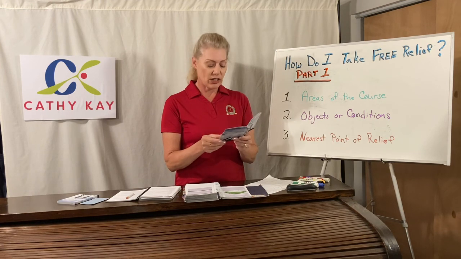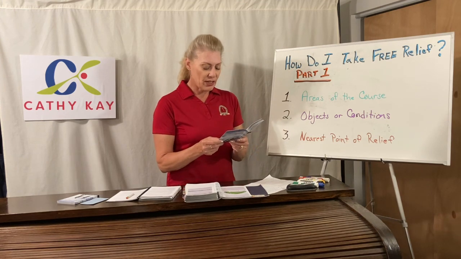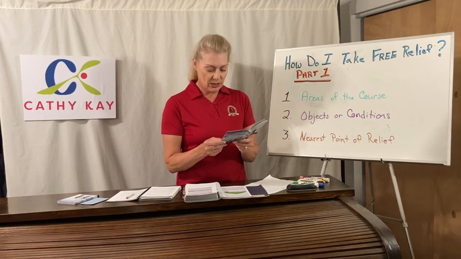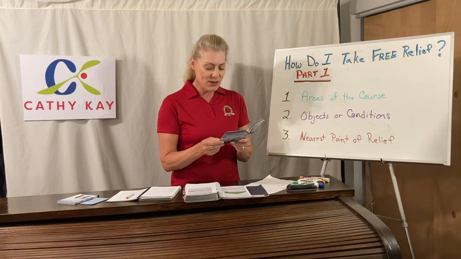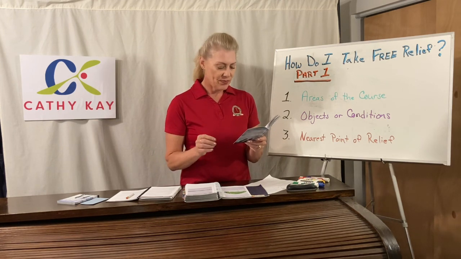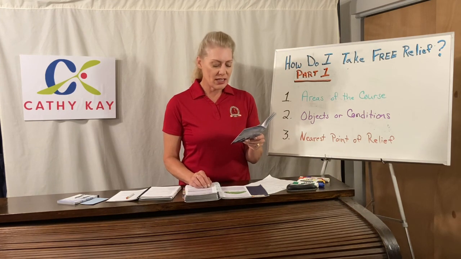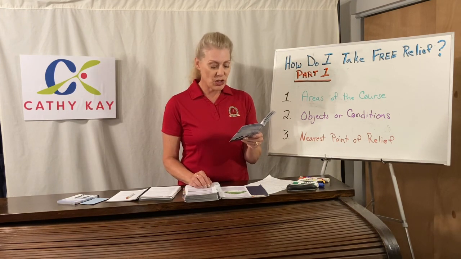Let's just take a look at what that says. Your reference point for taking free relief from an abnormal course condition is the estimated point where your ball would lie that is nearest to your ball's original spot, but not nearer to the hole than that spot.